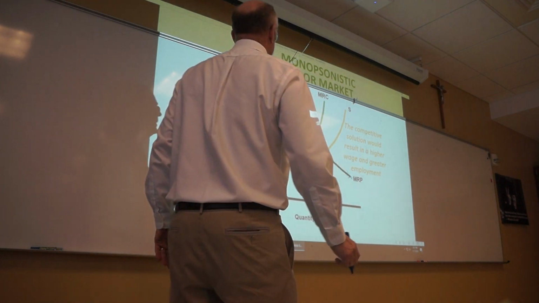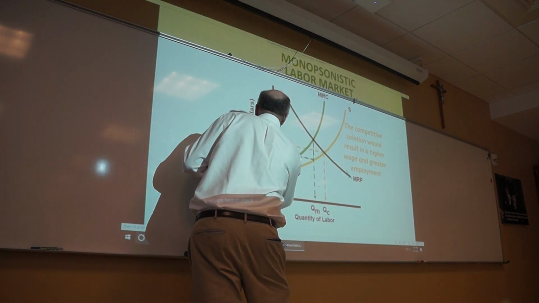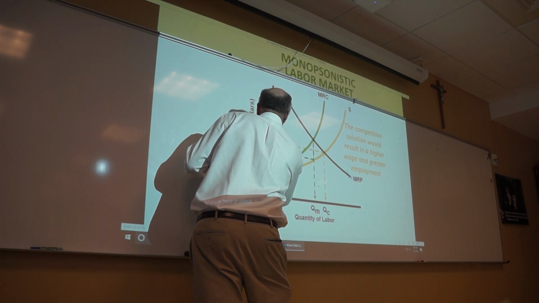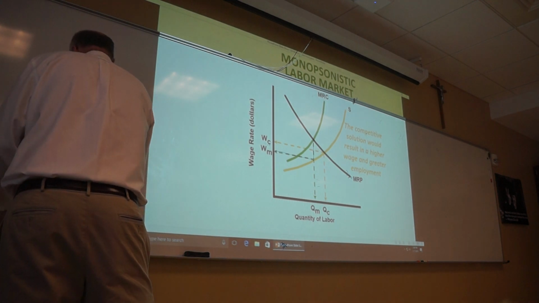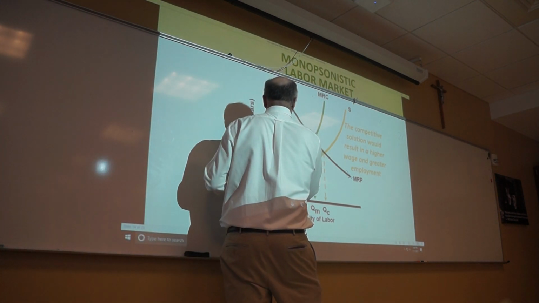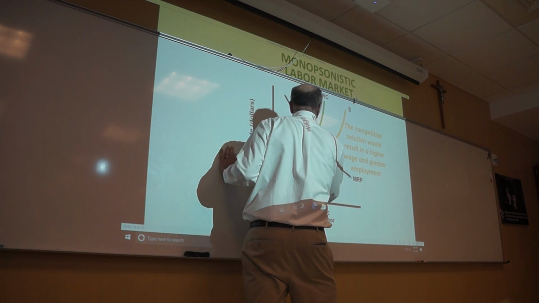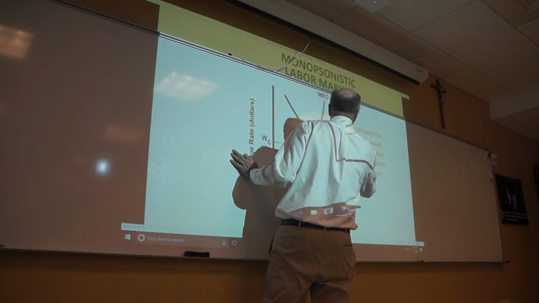Now, the third thing is, they could say minimum wage. If they give you a minimum wage, all you have to do is draw a line going across, and this line actually becomes an MRC.